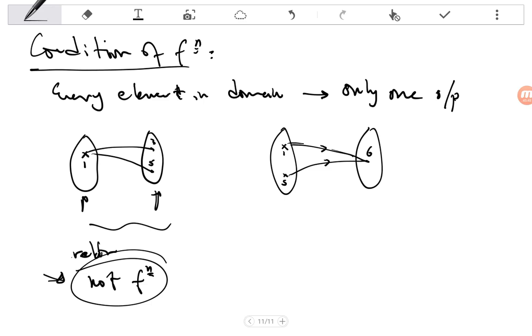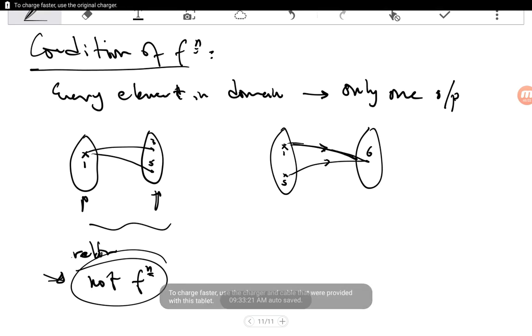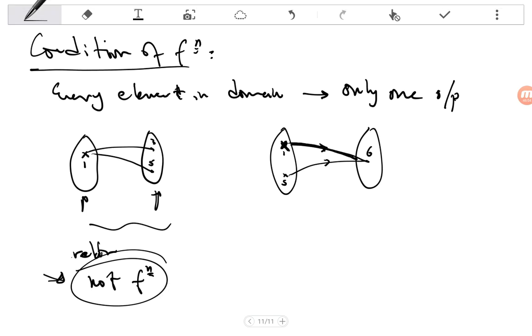Yes, that is a function. There is no problem if I have two values in the input give the same output. It will just be a function as it is, as long as every input has one output. That input 1 has only one output, which is 6.